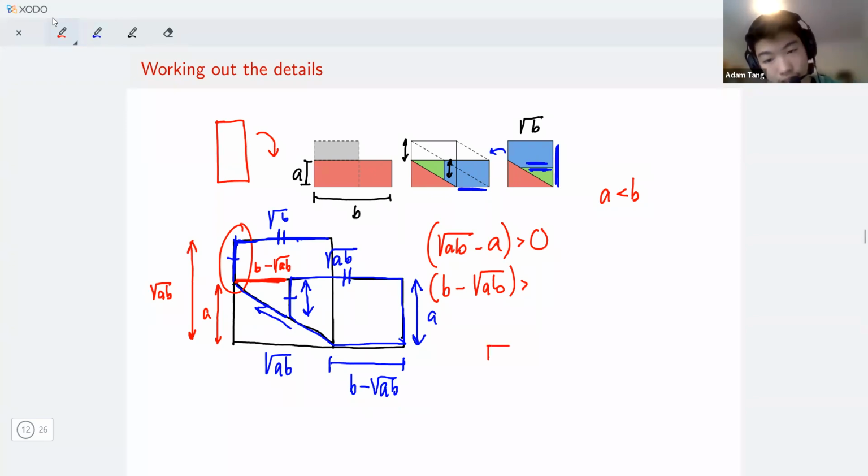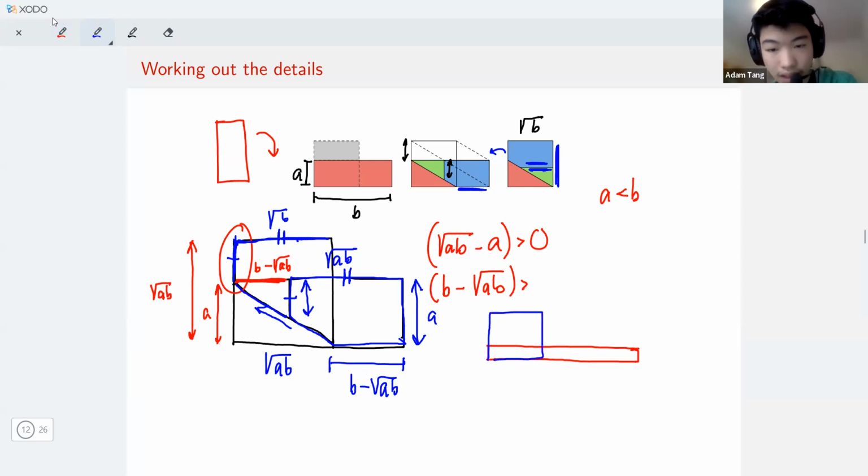What happens when your rectangle is really long, like this, where the base is much larger than the height? Well, then our square is going to look something like this. But that means that if we do the same cutting here, okay, we have this. Then the base piece is here.